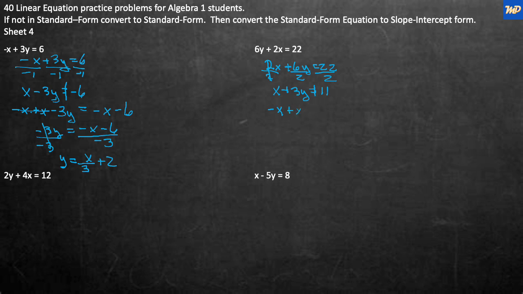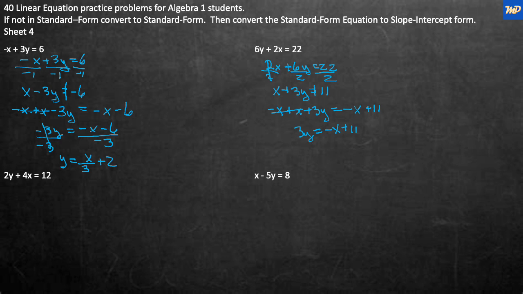Plus x plus 3y equals, I'm putting the -x in first, -x plus 11. The x's will cancel. That was the reason we added the -x, so we could cancel that x on this side and add it to the other side. Equals 3y. And minus x plus 11.